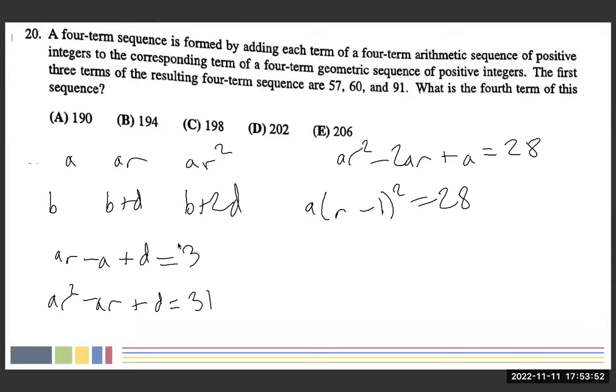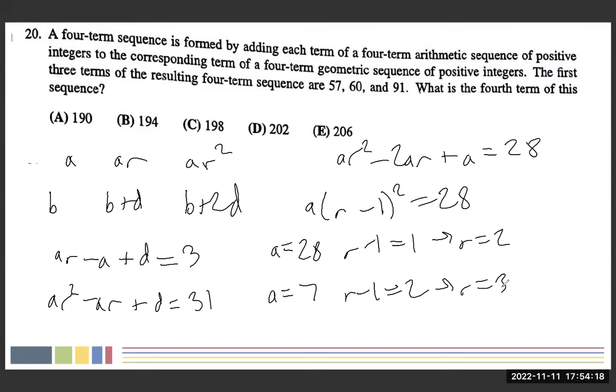So we can try different integers A that divide 28. The only ones that work are A equals 28 and R minus 1 equals 1, which makes R equal to 2, or A equals 7 and R minus 1 equals 2, which makes R equal to 3. These are the only 2 solutions.